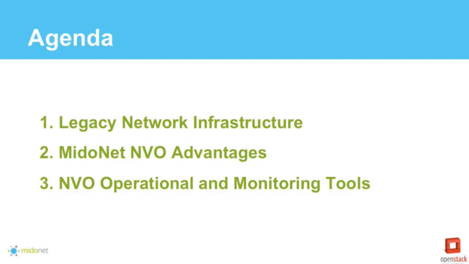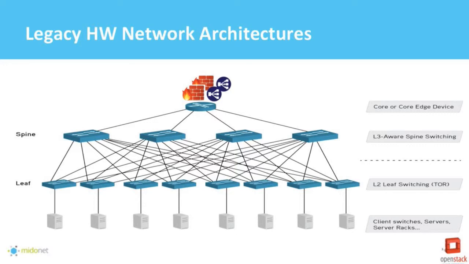So those of you who might be familiar, the typical three-tier architecture using spine-leaf type architectures. Majority of workloads were physical, so a lot of the workloads and traffic pattern flows were north and southbound.